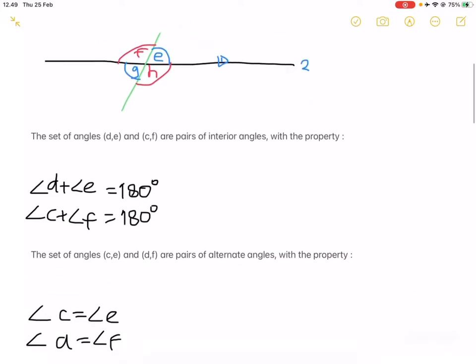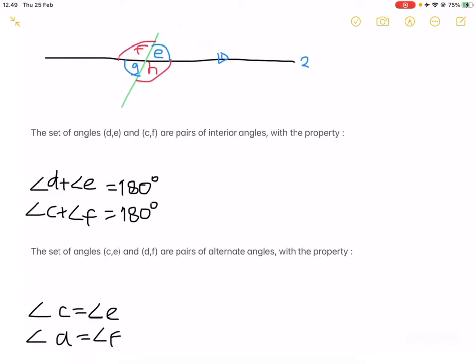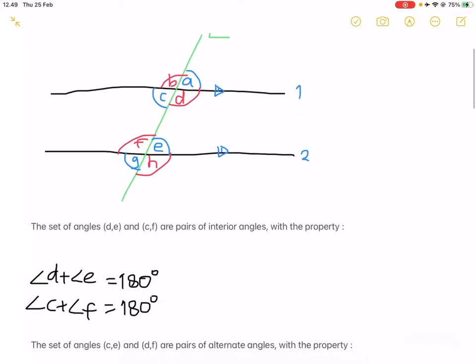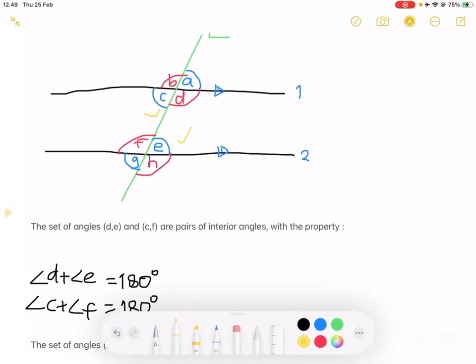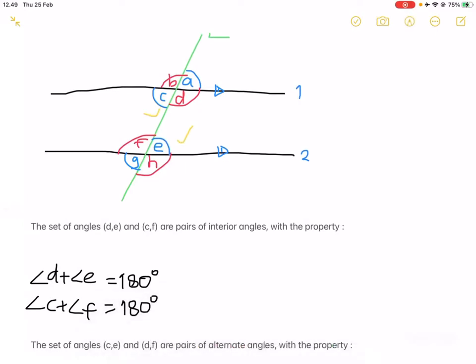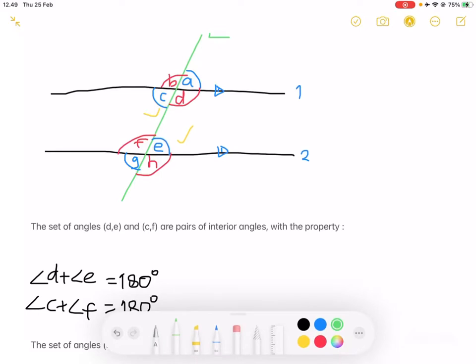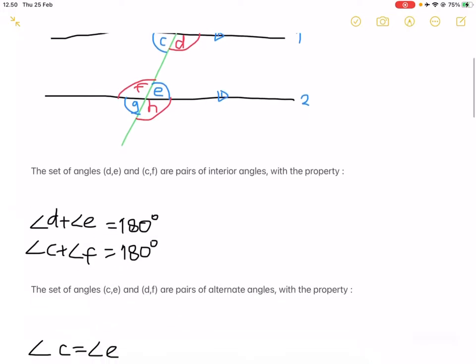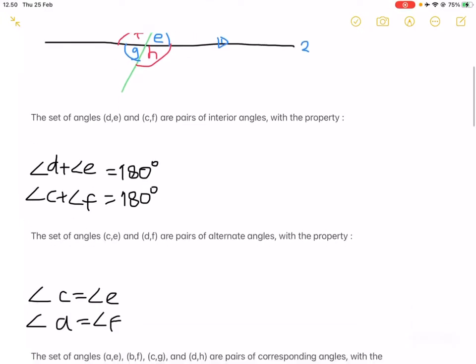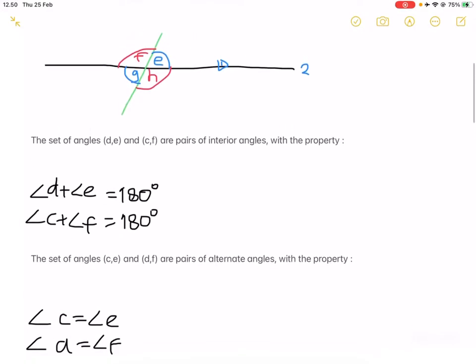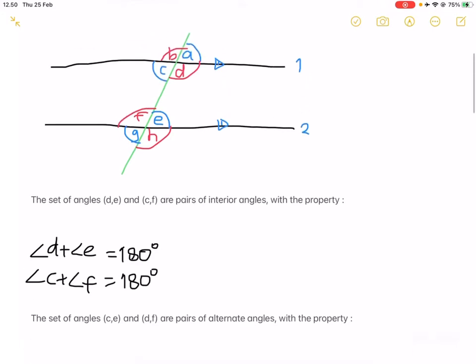The next special angles are alternate angles. The set of angles CE, this one and this one, and DF, this one and this one, are pairs of alternate angles, which satisfy that the first angle must be equal to the second angle.